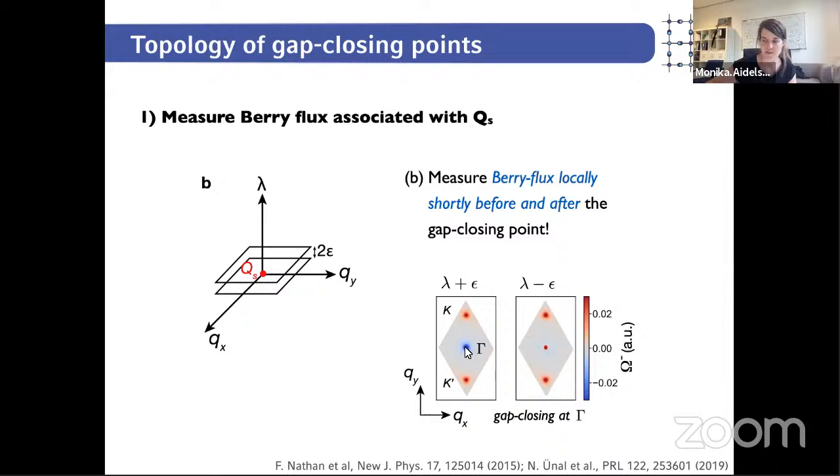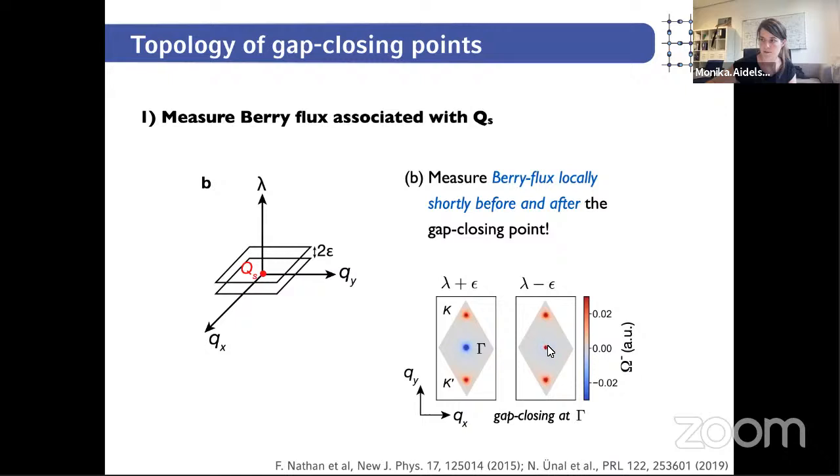And for this example, the singularity or the gap closing point happens at gamma. And you see that just before the gap closing point, there was actually positive Berry curvature at the gamma point. What happens is that just before the gap closing, there will be a pi Berry flux developing around the gap closing point, which changes sign across the topological phase transition.